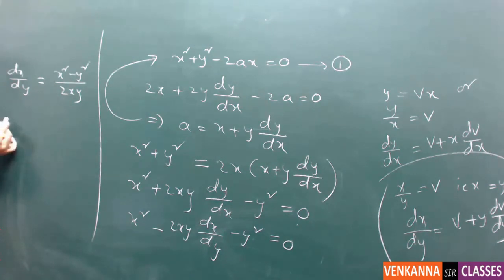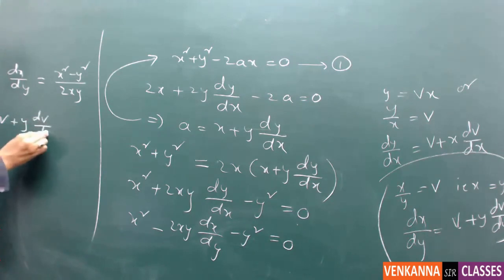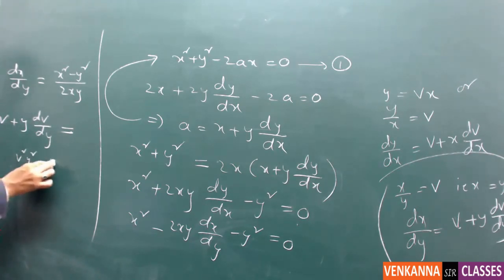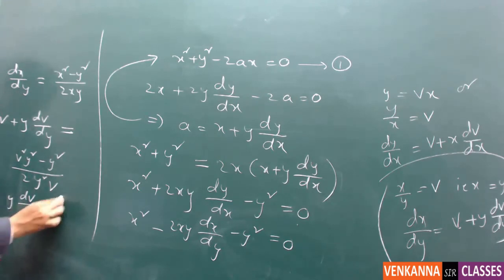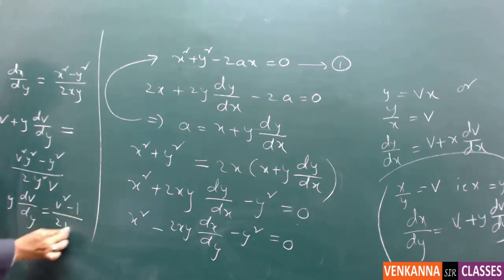You have v plus y into dv by dy is equal to, so x is equal to yv, v square y square minus y square by 2x into, x is nothing but yv, so y square v. So y square gets cancelled, so y into dv by dy is equal to v square minus 1 by 2v minus v. Accepted?